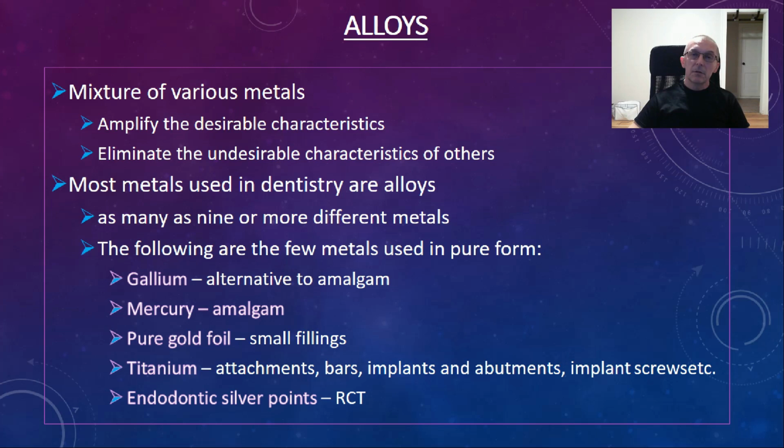Because it's so soft, they're able to pack it into the little cavities in the pits and fissures where they may want to use it because they don't want to take too much tooth structure away.